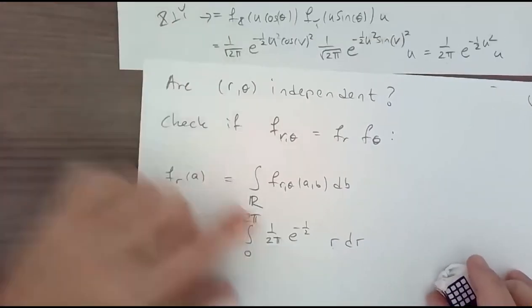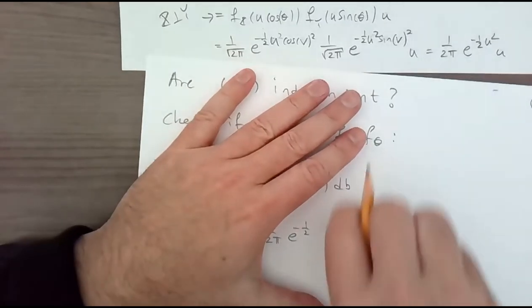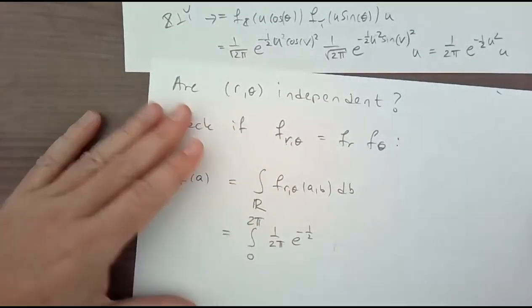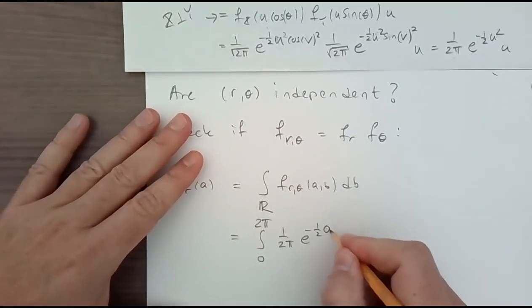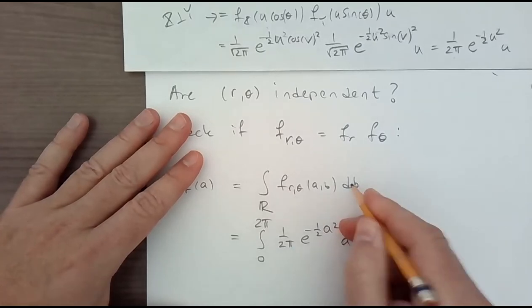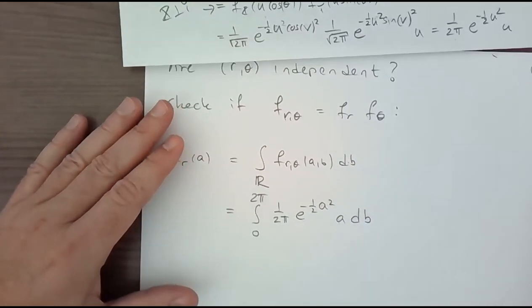So now the first variable, this is my a. This variable, this is my a. And then I'm integrating with respect to the second one, that's my b.